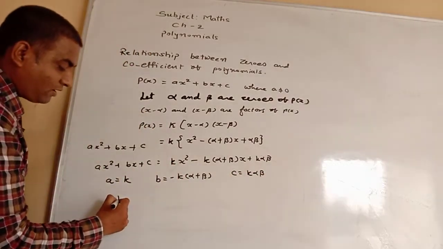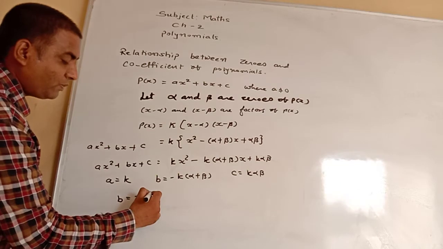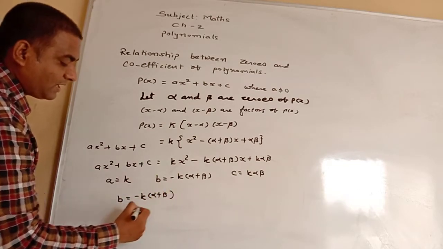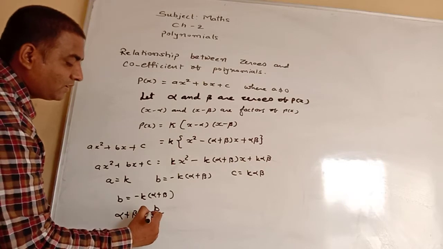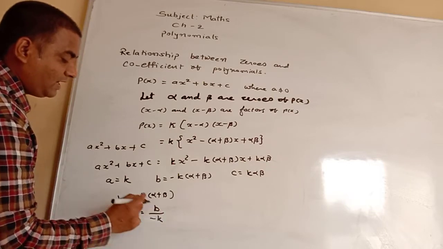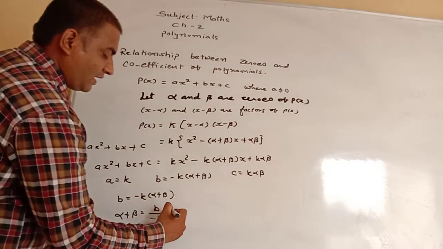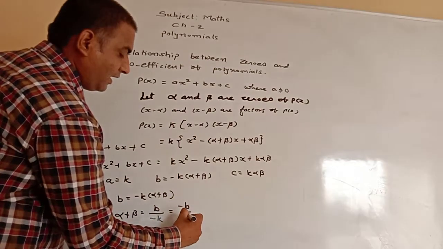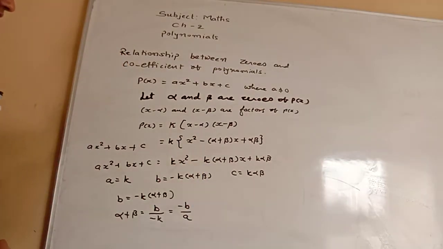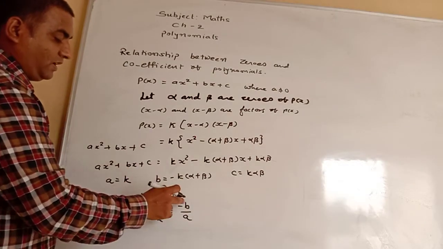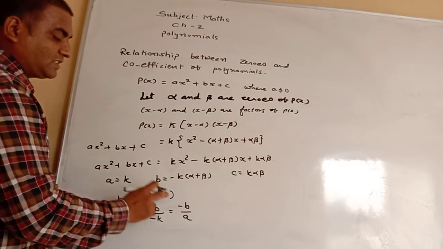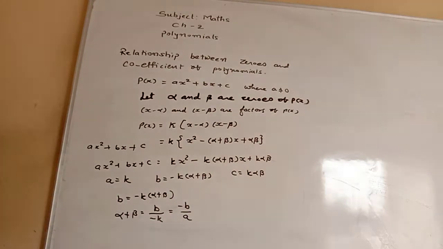So here b equals minus k(alpha plus beta). So we can write alpha plus beta equals b by minus k, but k equals a, and so it is minus b by a. This shows that b is the coefficient of x and a is the coefficient of x square.